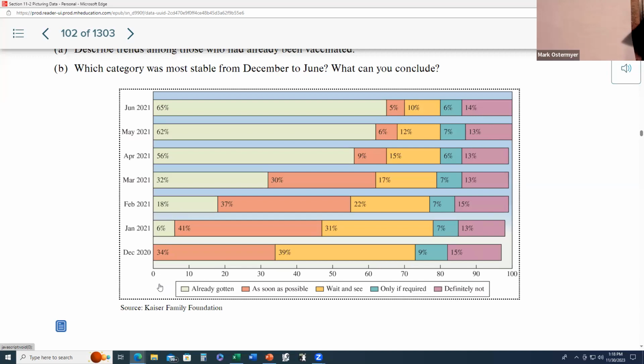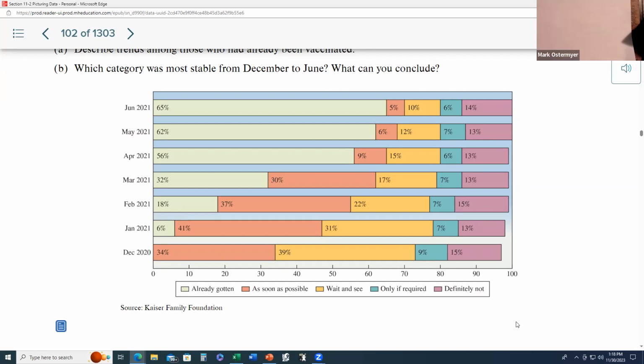So let me ask you this question here, Lizzo. As time progresses, as we go on in time from December 2020, what's the overall trend in this data? What's kind of happening here? Can you kind of see a trend here?